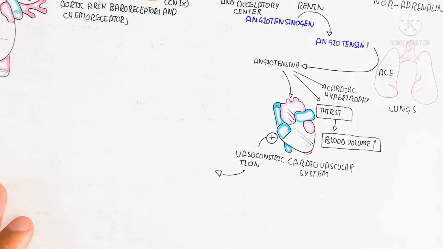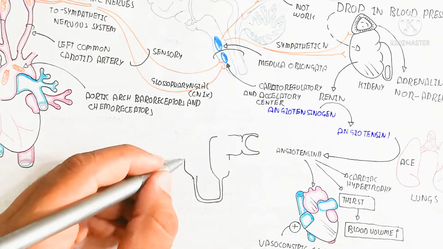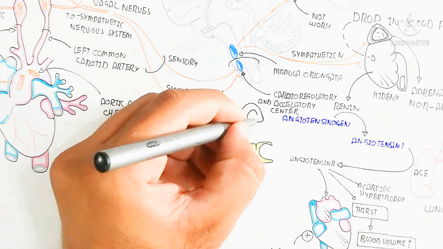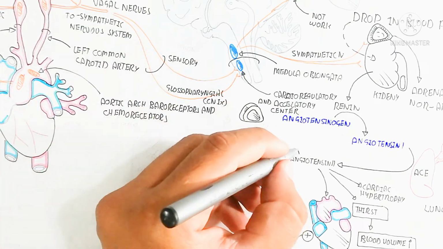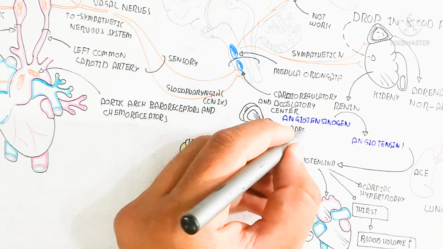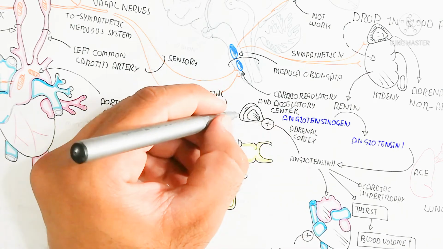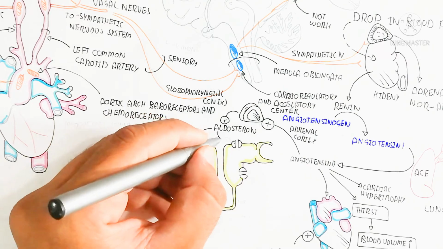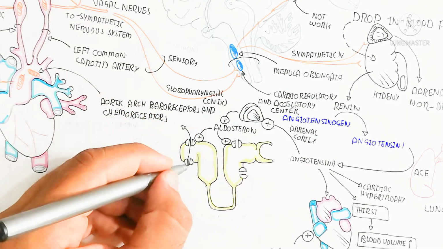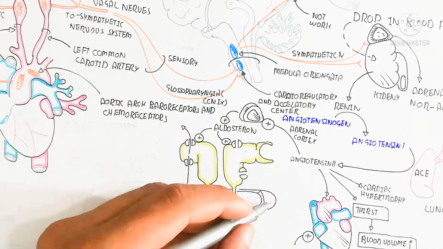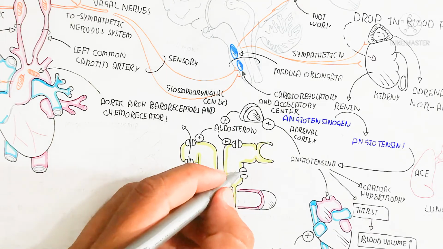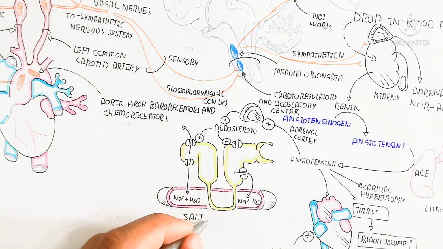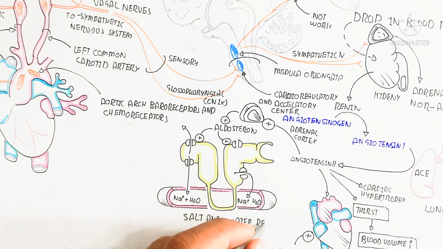So vasoconstriction will occur. On the other hand, here is the nephron, which is the part of the kidney, the urinary unit. Angiotensin 2 stimulates the adrenal cortex to release aldosterone. Why? Because the blood pressure has decreased, which leads to increased aldosterone, which targets the aquaporin channel, sodium reabsorption and water reabsorption into the blood circulatory system.